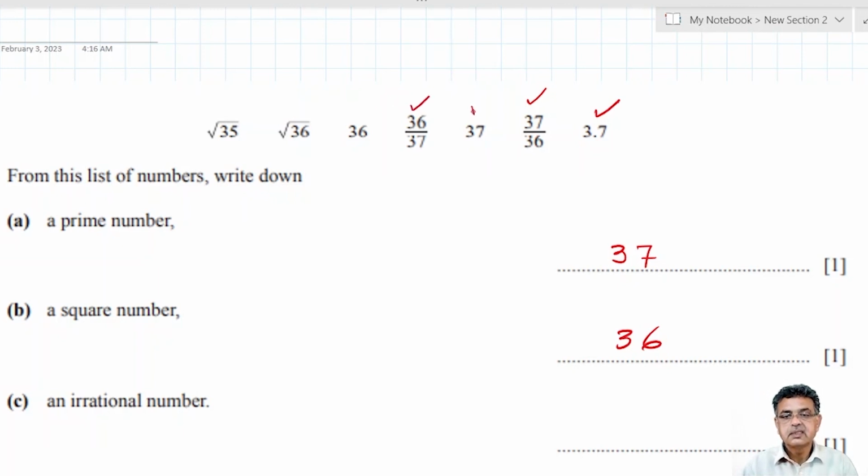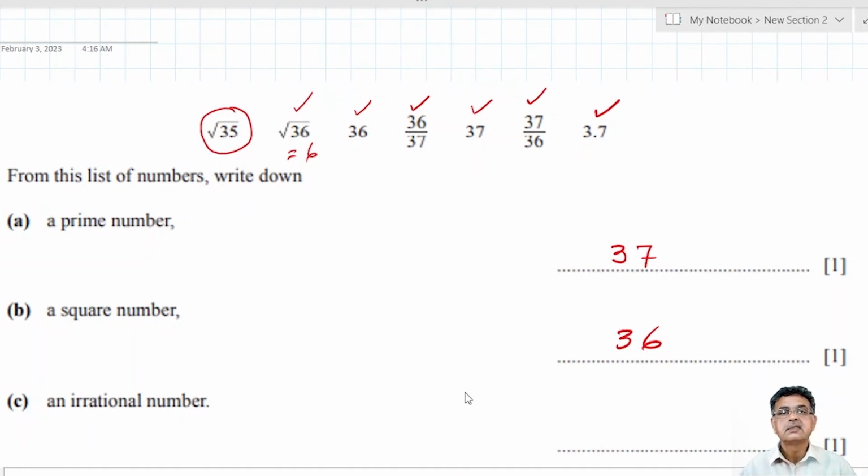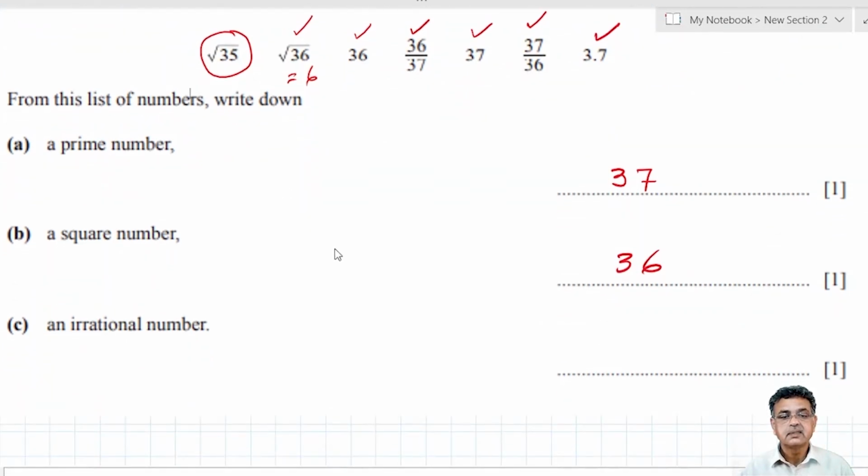This will also be rational. All these are rational. This is also rational because this is the square of 6. This is the only number which cannot have its exact value, and its decimals will not be recurring. So this is the irrational number, under root 35.